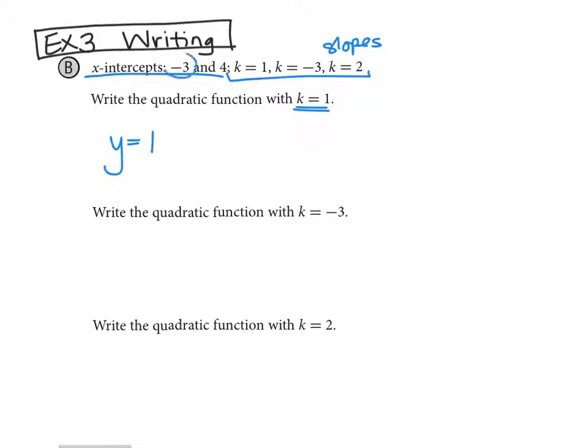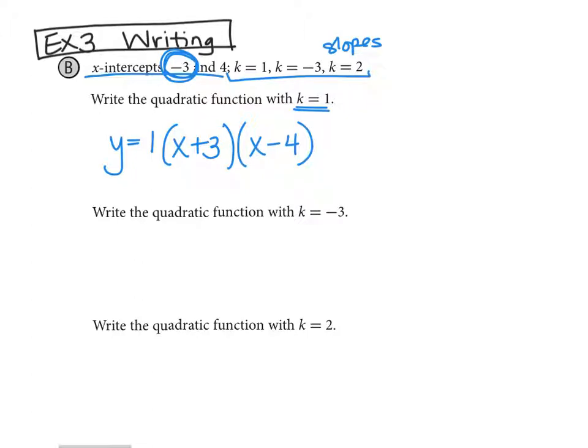And then think, if my root is -3, then my factor must have been opposite of that. So my factor is going to be x plus 3. And then my other factor, if my root is +4, is going to be x minus 4.